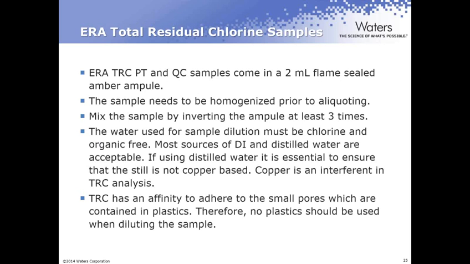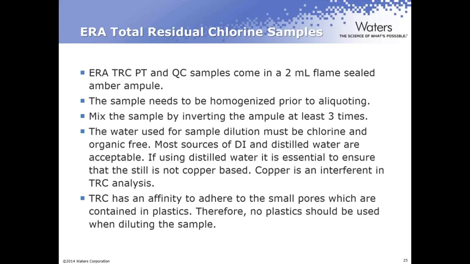Another thing that I want to let you know of, and this is something that a lot of people don't know, is that residual chlorine has an affinity to adhere to the small pores which are contained in plastics. So because of that, I would highly recommend not using any plastics when diluting the sample. The most common thing that people use in plastics are Eppendorf pipette tips. So those pipette tips, if you put them underneath a microscope, you'll see that there are very, very small micropores in those.